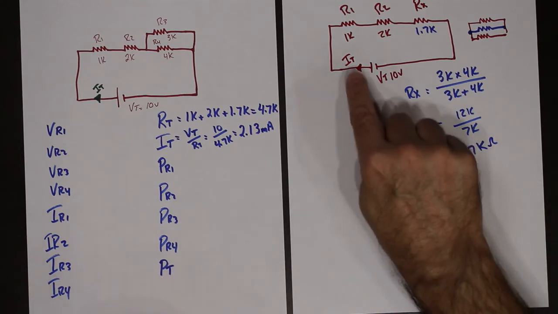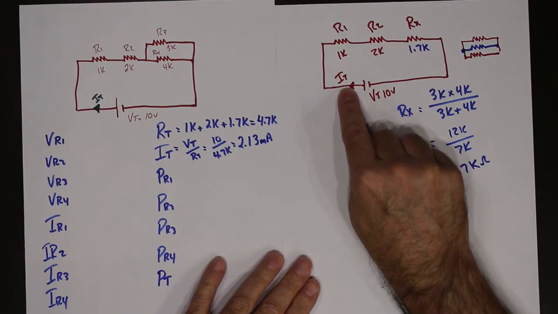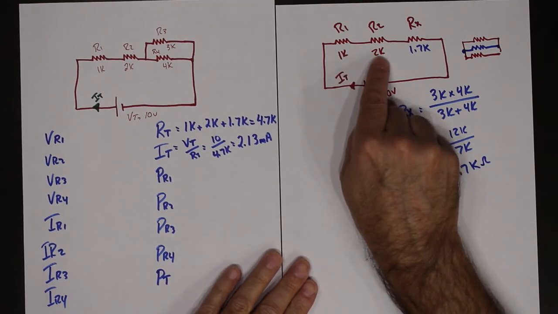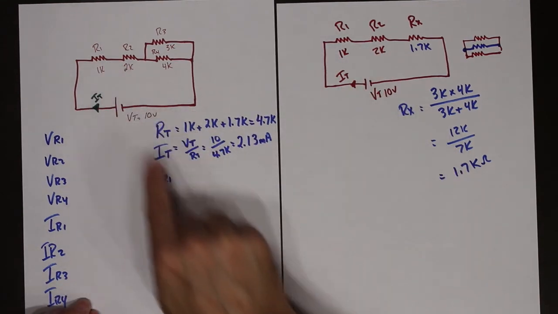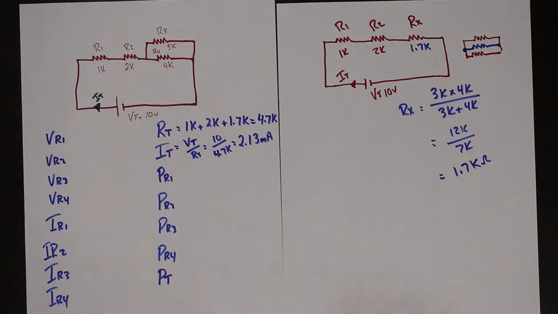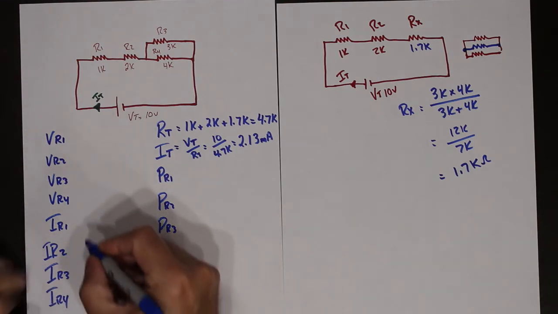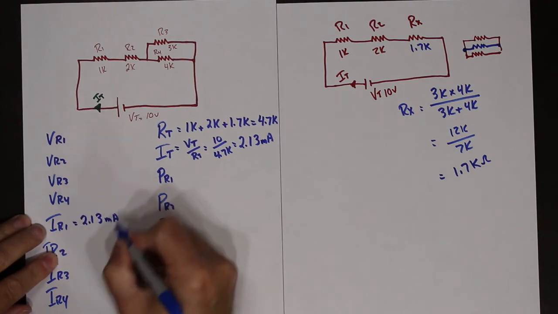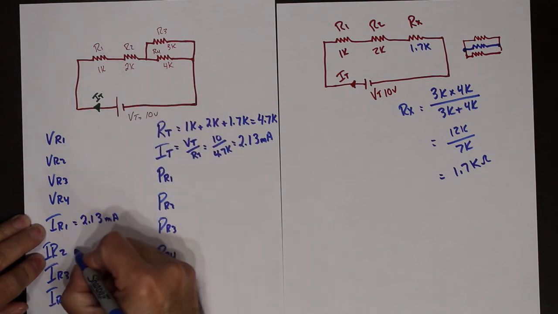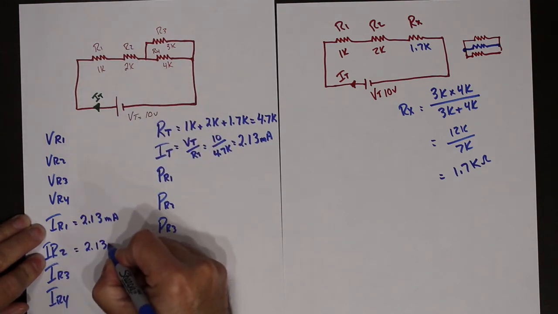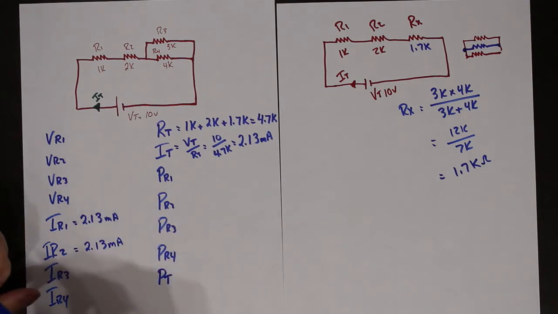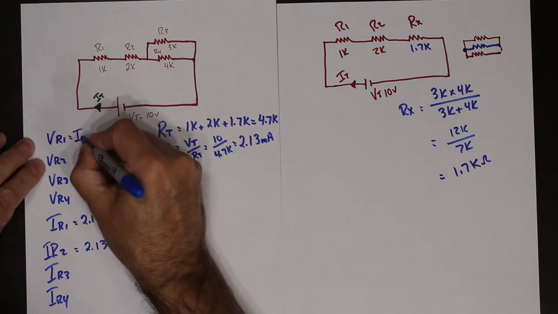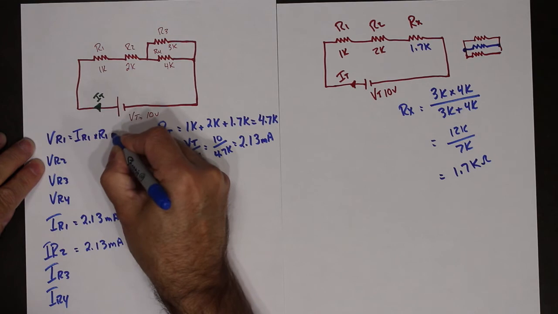So, we know that I total flows through this resistor and this resistor. I total flows through this one and this one, and we know what I total is now. So we can say IR1 is 2.13 milliamps. IR2 is 2.13 milliamps. Ohm's law will tell us VR1 is IR1 times R1.